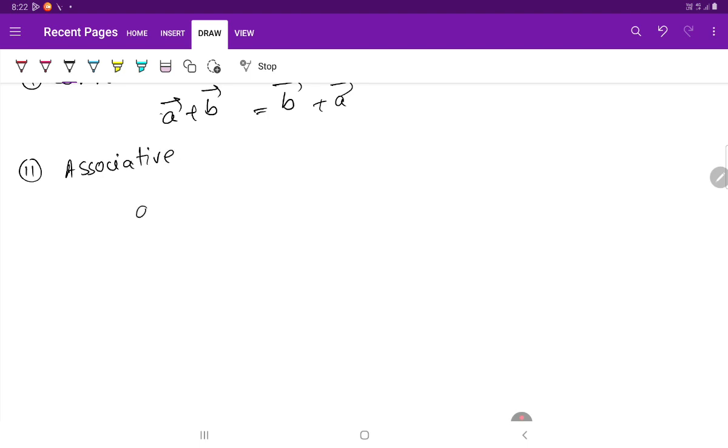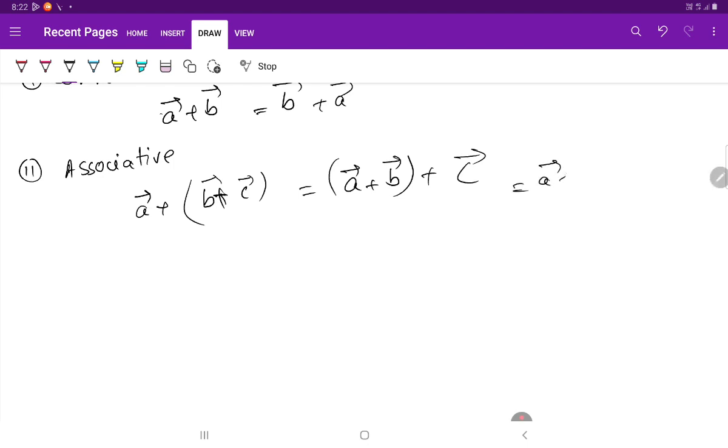If there are three vectors, A vector plus B vector plus C vector, if we bracket B vector and C vector, it is equivalent to A vector plus B vector whole bracket plus C vector. Right? Hope you get it. You can also write it as A vector plus C vector whole plus B vector. Okay. So we are done with all of that.